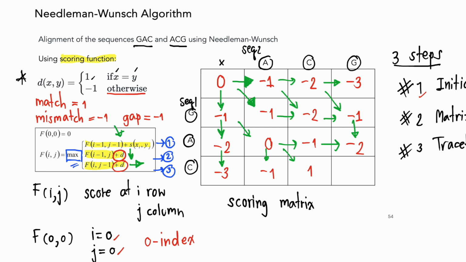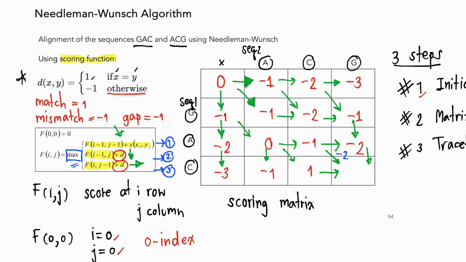Okay, we come to the last cell. So consider score from the left, from diagonal, and from the top. So diagonal first, we have C and G, which is mismatch. So minus 1 plus mismatch score minus 1 will be minus 2.